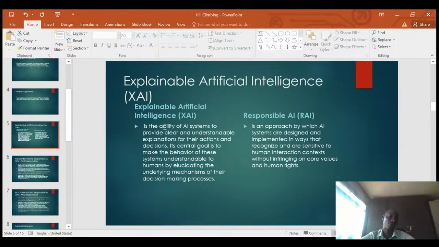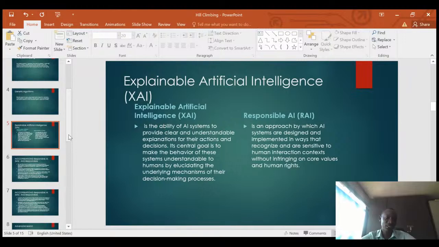If I'm trying to communicate from my point X to point W to, say, Mr. Livingstone, who is at a certain point, this device will operate in the context whereby I'm interacting with Sir, but without infringing on his core values. That is what we understand by the term responsible AI.